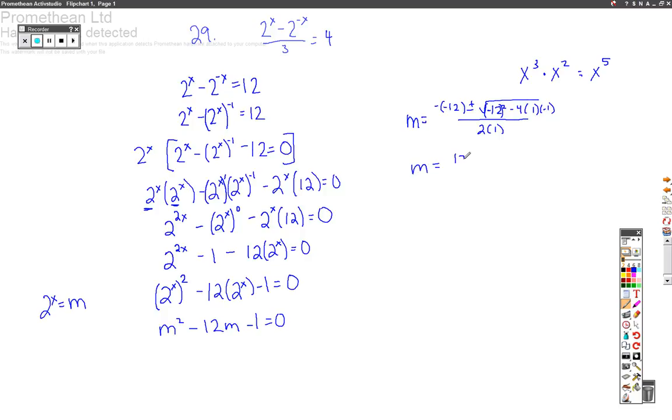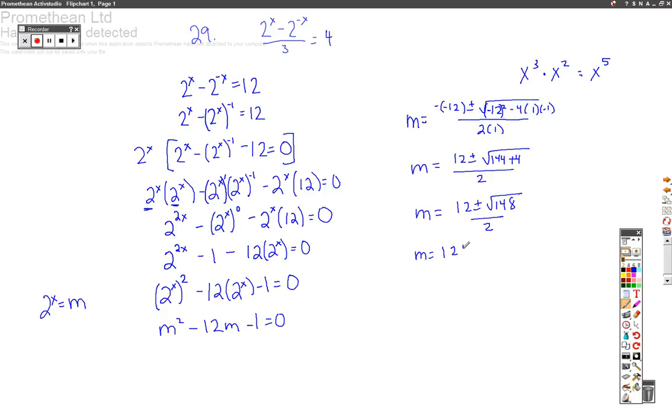So m is equal to 12 plus or minus the square root of 144 plus 4, all over 2. So m is equal to 12 plus or minus the square root of 148, over 2.